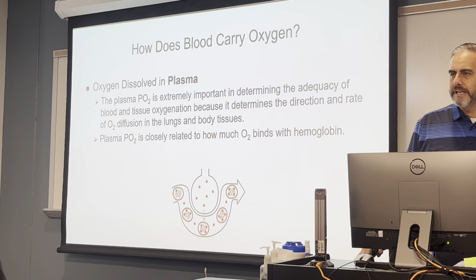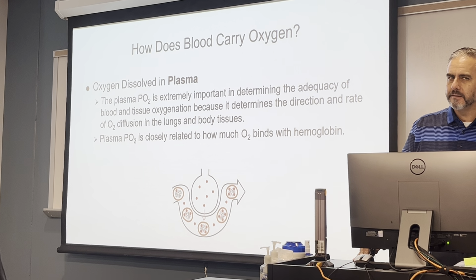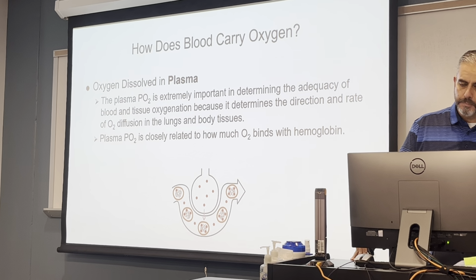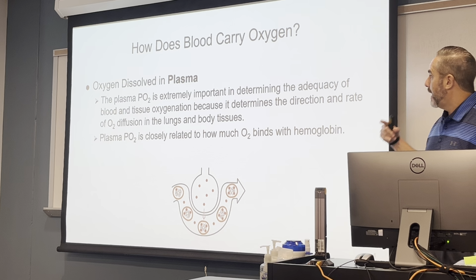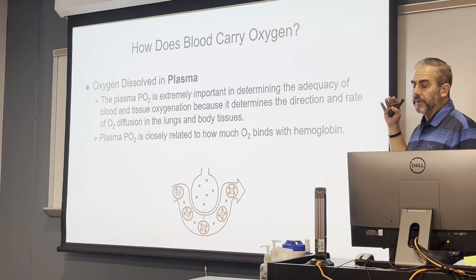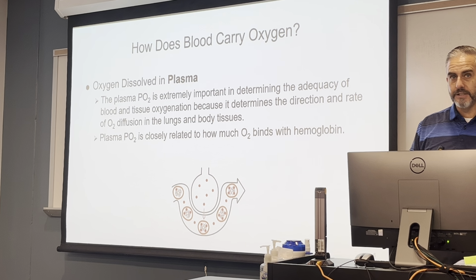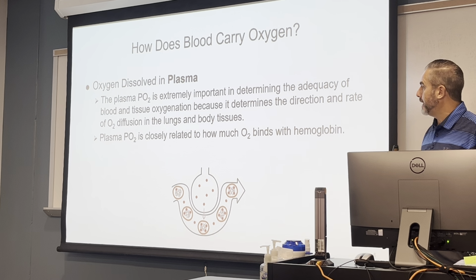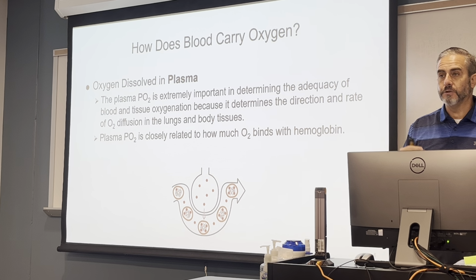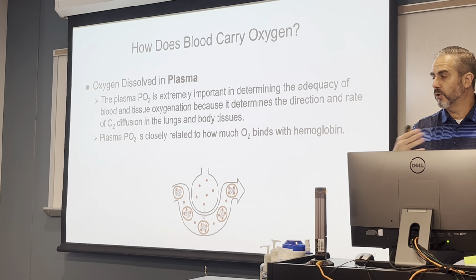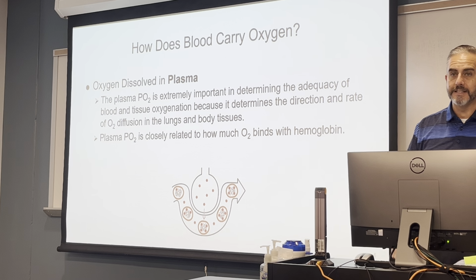All right, plasma, even though it's only carrying 2% of the total oxygen we're carrying, is still extremely important in determining how adequate tissue oxygenation is. It helps the body determine the rate of diffusion within and across the lungs, as well as with the tissues.